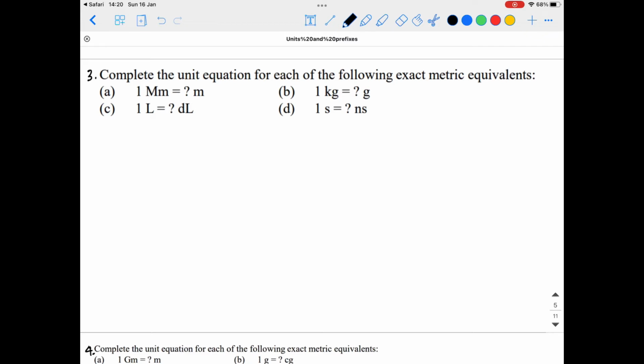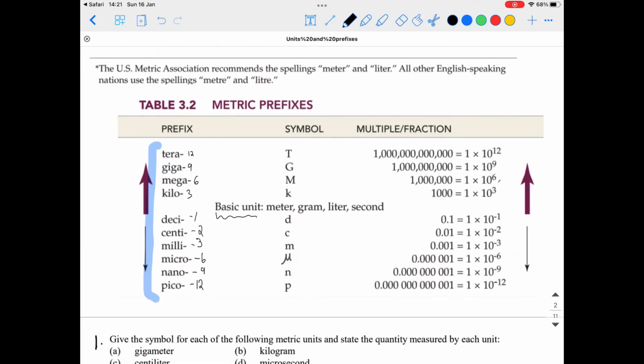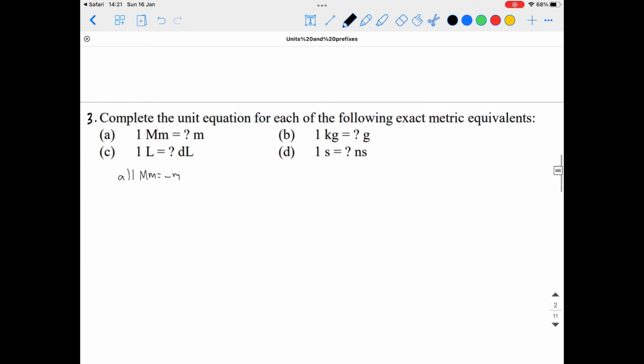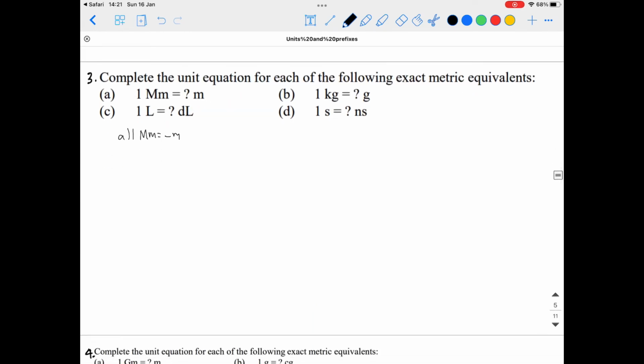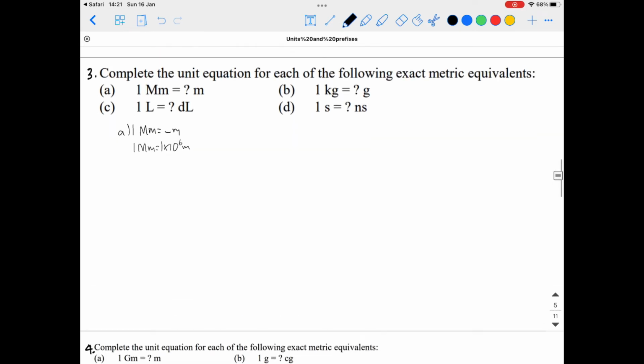Let's try another question. This question asks us to complete the unit equation for each of the following exact metric equivalents. A. 1 megameter equals how many meters? Mega is 10 to the power of 6. So 1 megameter is 1 times 10 to the power of 6 meters.